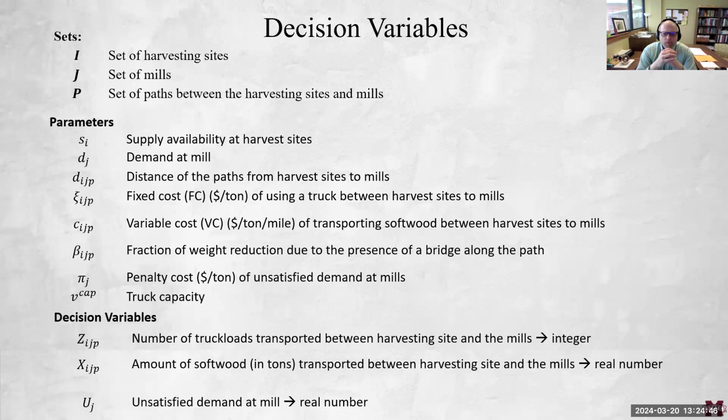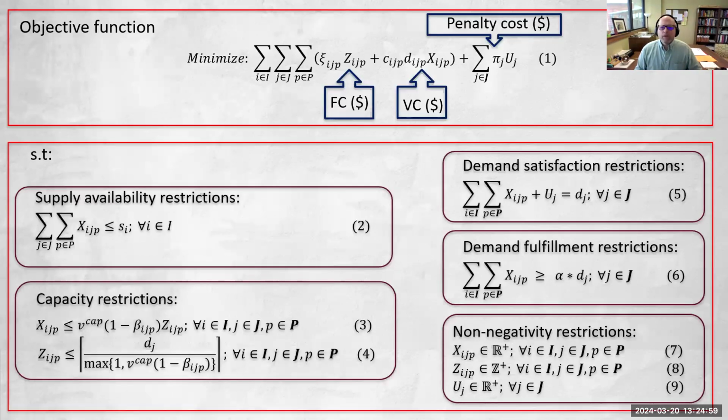And you can read the thesis if you want to learn more about the amounts that we used and why we used those, but it's all based on previous literature that we were able to glean and inflation adjustments and things like that. So here you can see the objective function. We're going to try to minimize the cost.